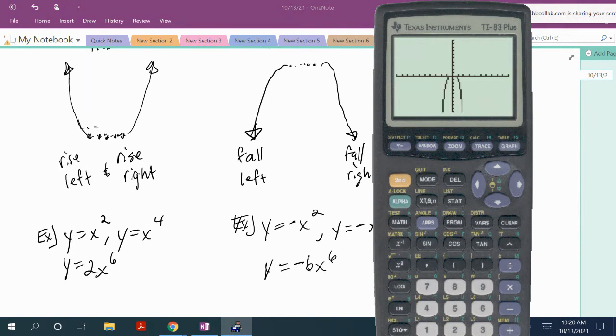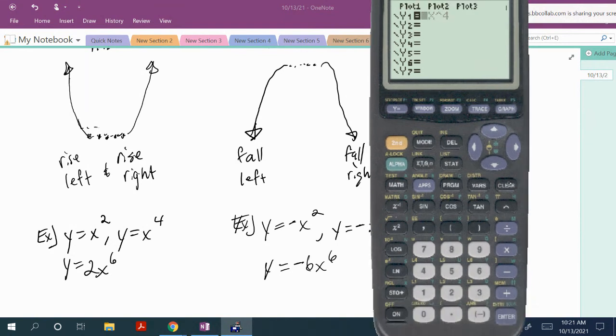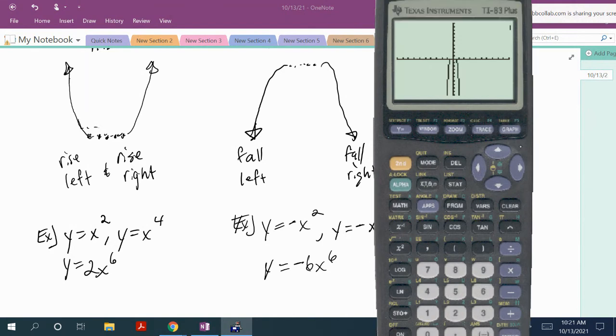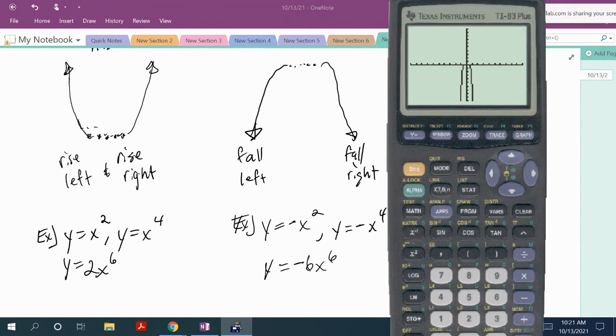Notice that it also falls to the left and it falls to the right. And I'm going to put in negative x to the sixth power. I'm going to clear that out. Negative 6x raised to the sixth power. And notice that it falls to the left, falls to the right.